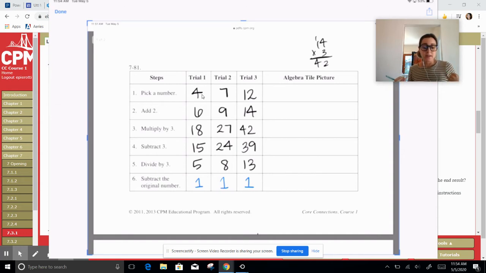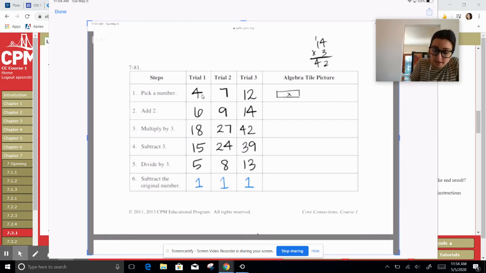So when I pick a number, I'm going to represent that with the tile X.